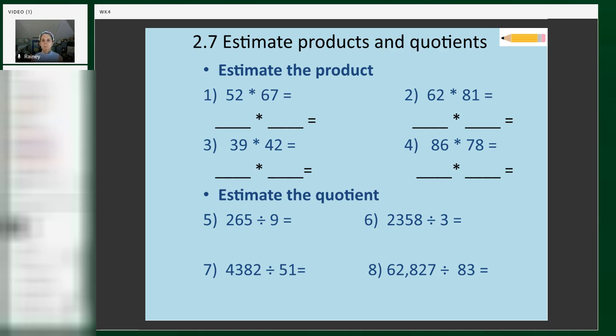Okay, here we go. So we want to estimate the product. I'm thinking that we could round this first one to just 50. And then the next one could go to 70. Now, how can we think about our magic 10 rules, which means anything times a power of 10 is really easy to solve if you just multiply the non-zero numbers and then add up the zeros.